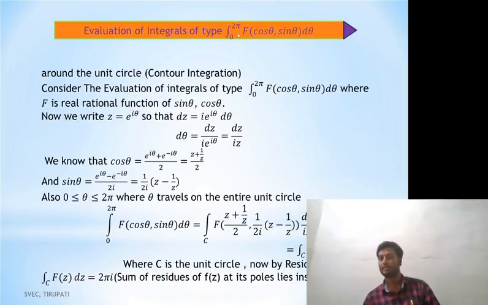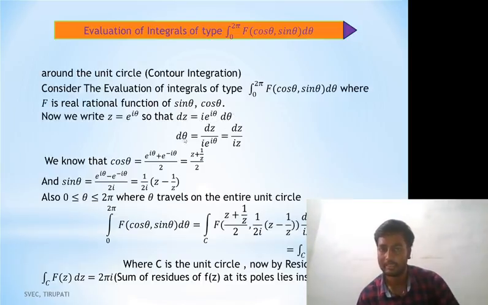Now, evaluation of integrals of this type, in terms of trigonometry. For this you already know, this is your unit circle z equal to e power i theta. By differentiating, dz equal to i e power i theta d theta, so d theta equal to dz by i e power i theta. So e power i theta is nothing but z, d theta is dz by iz.